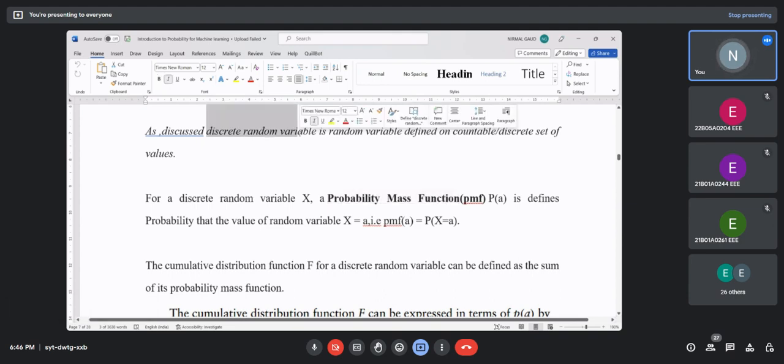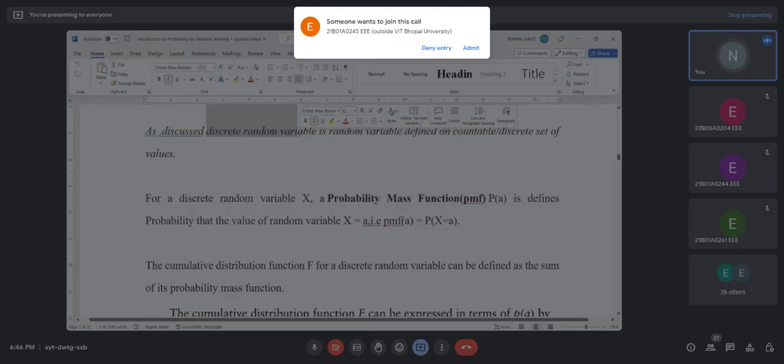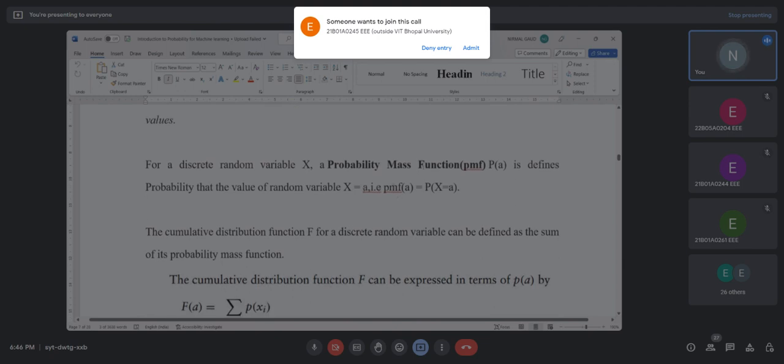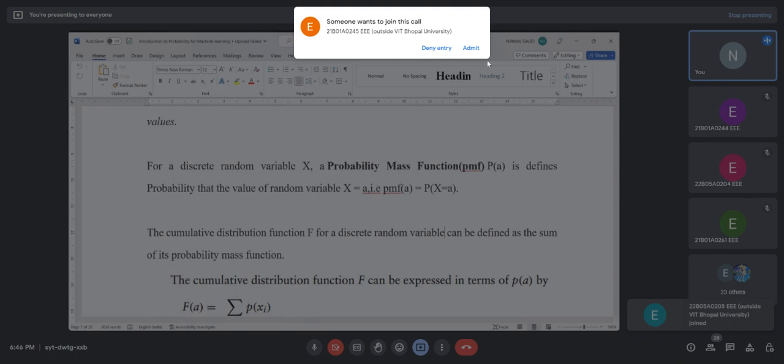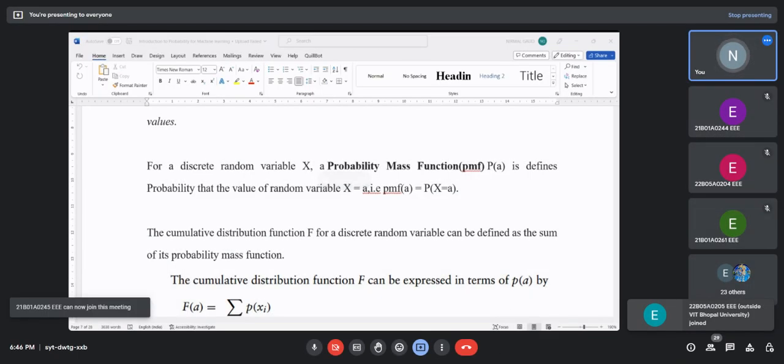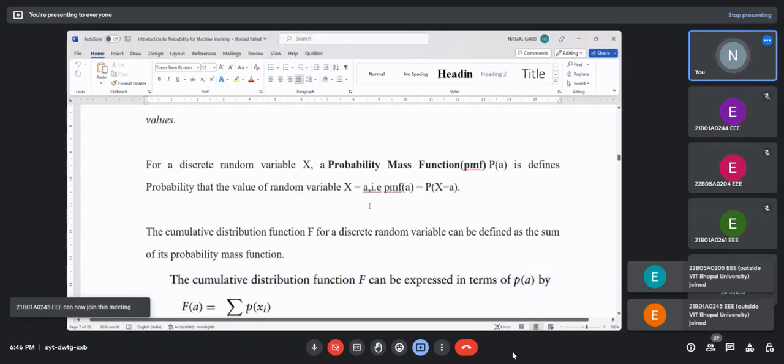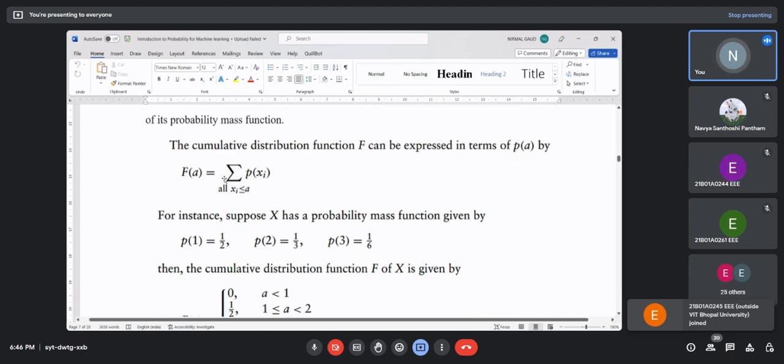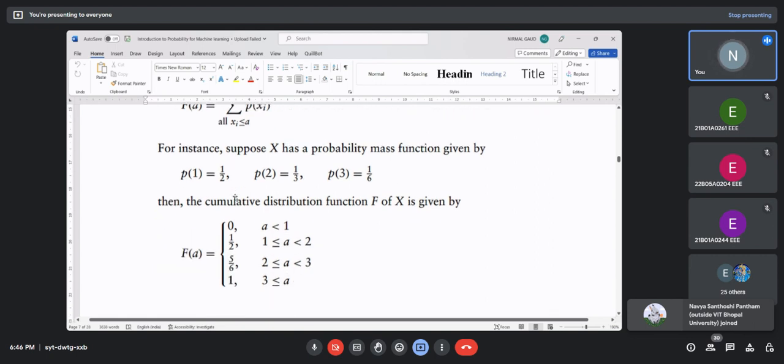It's a discrete random variable, that means something which is countable in nature, and it's defined through the probability mass function. No need to overthink, this is just an example.